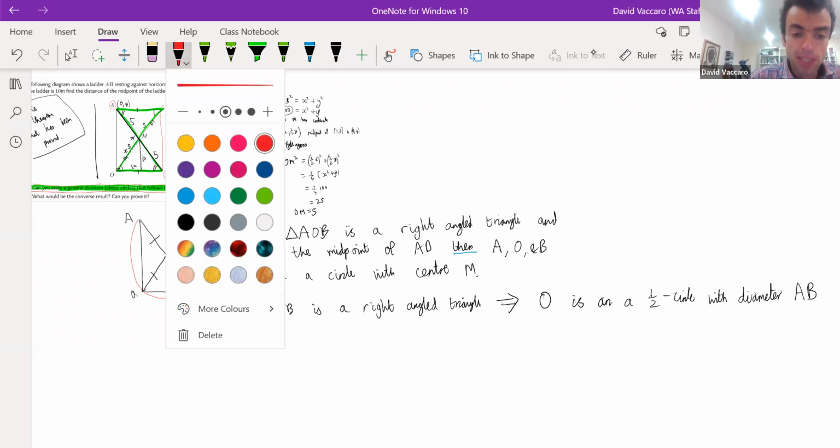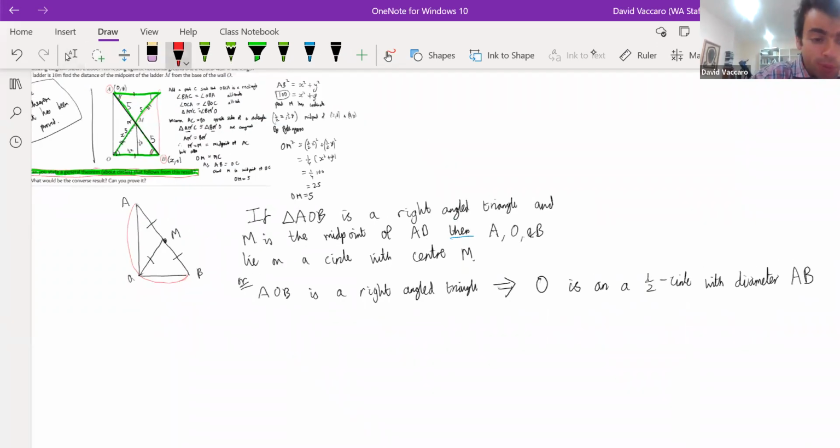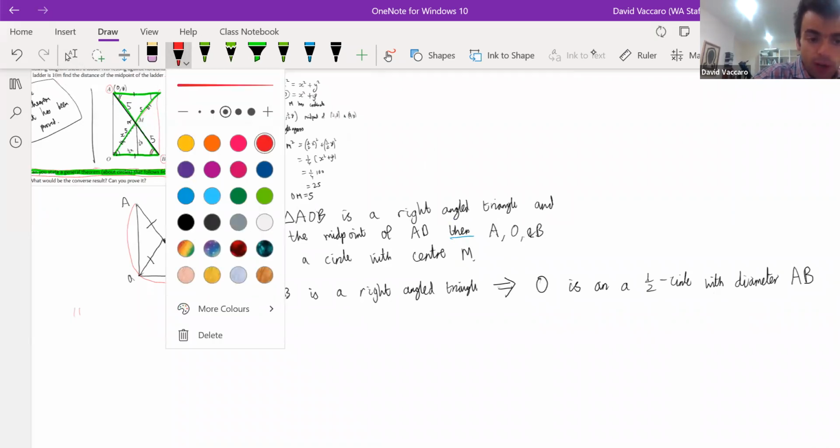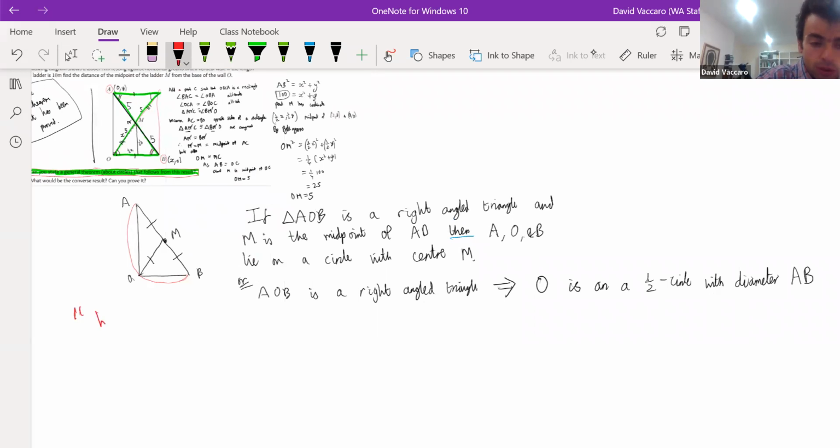Somebody put that the result we have proved, and this is exactly what they wrote, is that angles in a semicircle are 90 degrees.